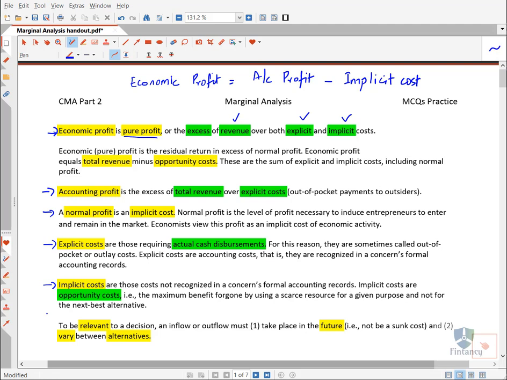In residual income, if you remember, we discussed this concept of imputed interest. Remember, imputed interest. What is imputed interest? That is used when you are evaluating the investment center manager and you are telling him that what if you would have taken this investment from the bank? You would have paid some interest, right? Which you are not paying right now.